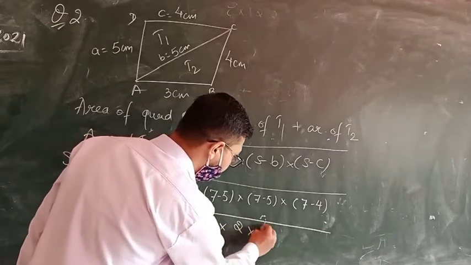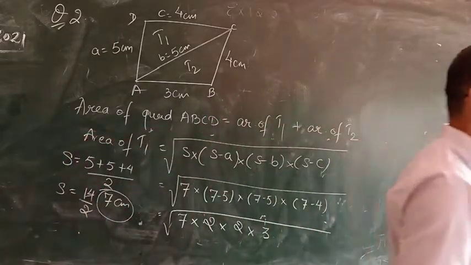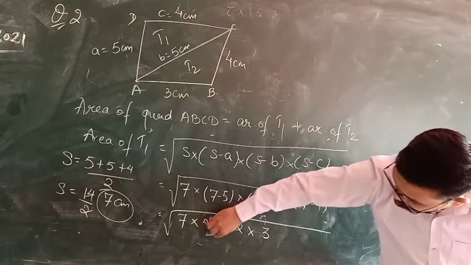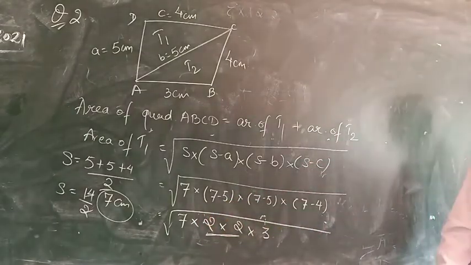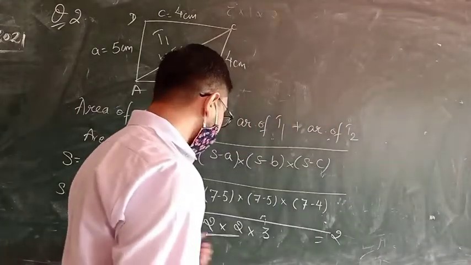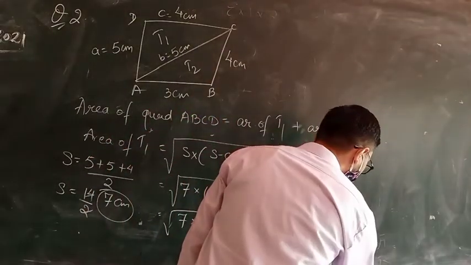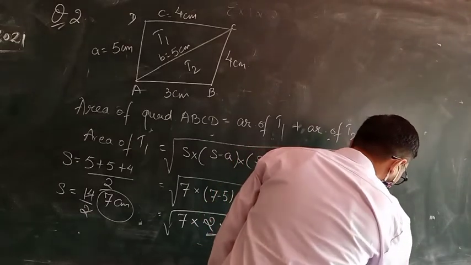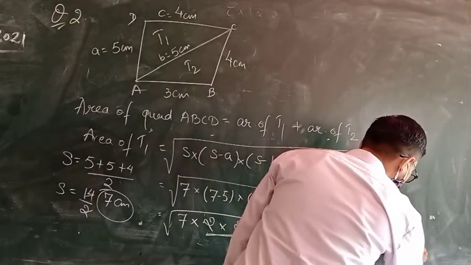This is again 2 and this is 3. So from here you have only one pair, right? Pair of 2. So you can write like this. Take this 2 out from the square root and you will have 7 into 3 in the square root. So 2 root 21 centimeter square.